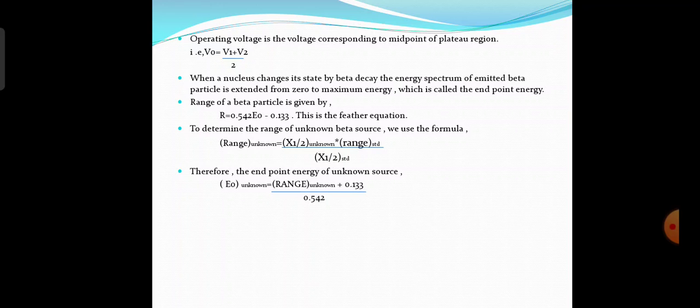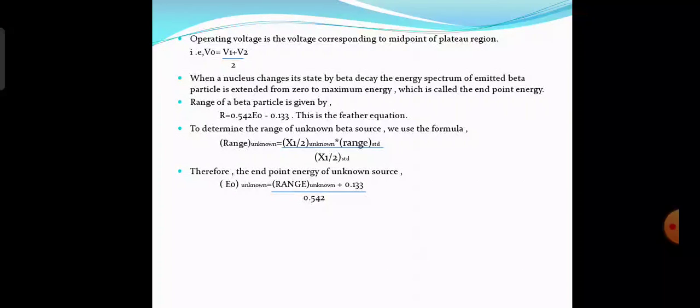This is the Feather equation. We use this equation to find out the endpoint energy of an unknown particle, where E0 is the endpoint energy of the particle, and the endpoint energy E0 for various beta sources can be found using this equation.